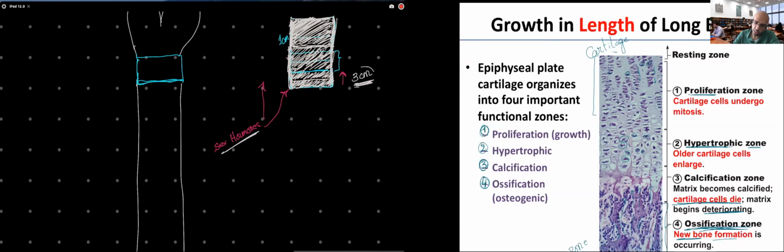But again, which one at a faster rate? Bone formation. Bone formation is taking place at a much faster rate compared to the cartilage formation, and this is what will cause the fusion of the epiphysis to the diaphysis and the disappearance of the epiphyseal plates.